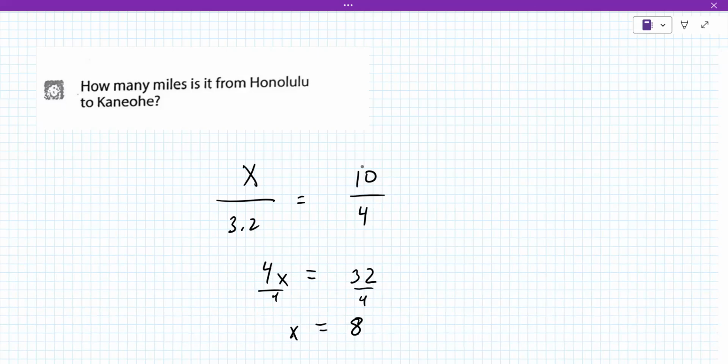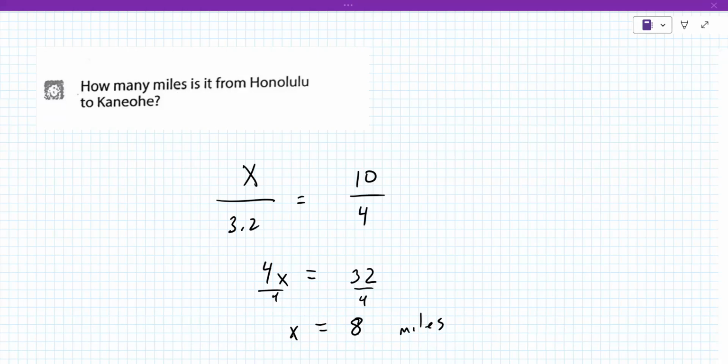So then x equals 8 miles. No, because that wouldn't make sense. I'm just looking though, from Honolulu it's 3.2. Oh wait, never mind. That's 10 miles. I thought it equaled 1 mile. So now it's very confusing. Okay, so yeah, that makes sense.